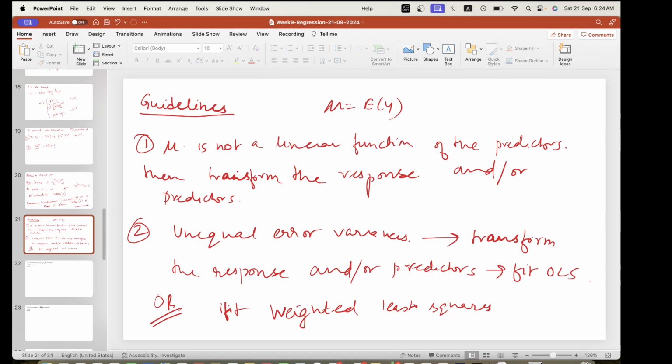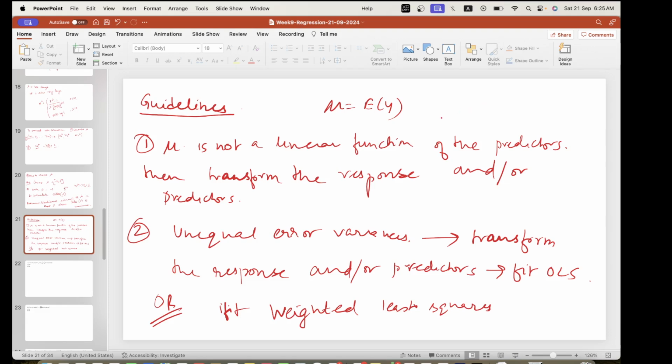Okay, so as a general guideline, it is said that if we transform the response variable, then problems associated with the error terms epsilons usually go away.